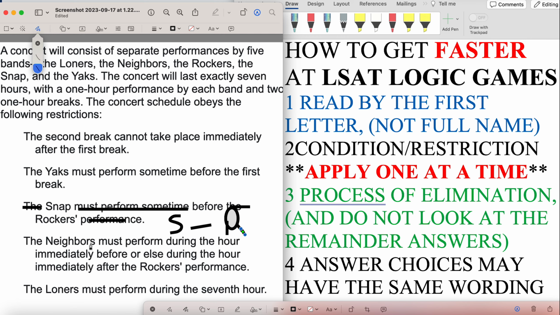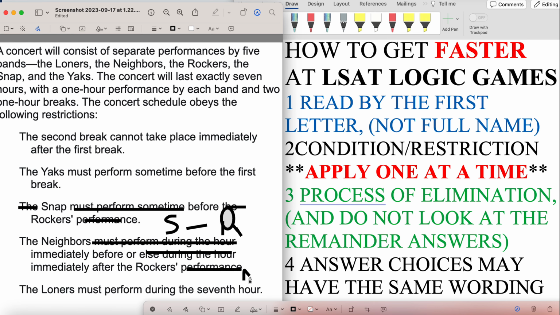You can do the same here. N must perform immediately before or immediately after R's performance. So for that, you just want to put N here, R. Hopefully it doesn't do that again.